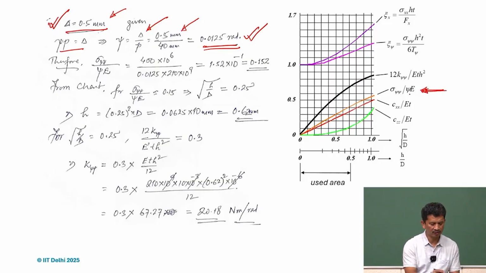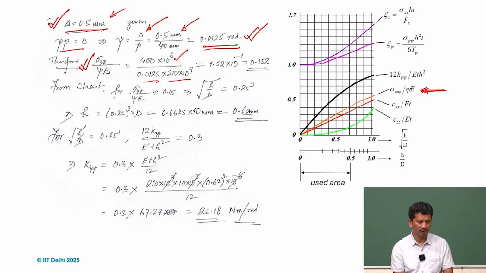So sigma versus psi E, that's something we can obtain very easily. Sigma is a given, it's 400 megapascal, so 10 to the power 6, and then the psi value in radian, and then the E value again 10 to the power 9, because it's 210 GPa.